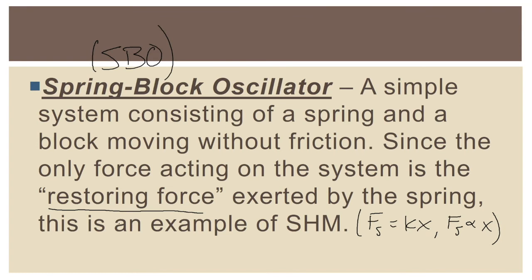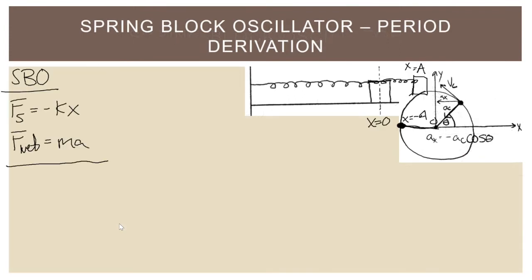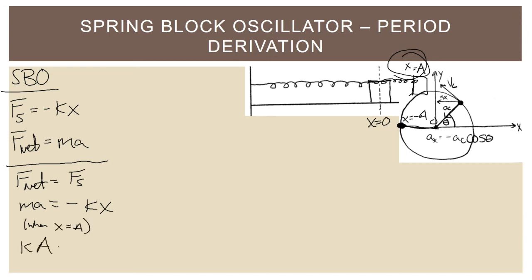So what we can say then is if the only force acting is the spring force, then we can write an equation that looks like this: F net equals Fs. And so what can we do? Well, the equation for F net is ma, and the equation for the spring force is negative kx. But of course, because we said we were going to consider the object when it was at its amplitude, we can say when x equals A, then we can write kA, k times the amplitude, equals m times a.